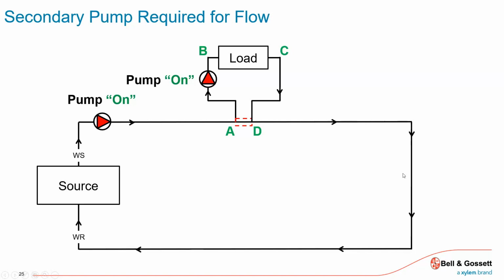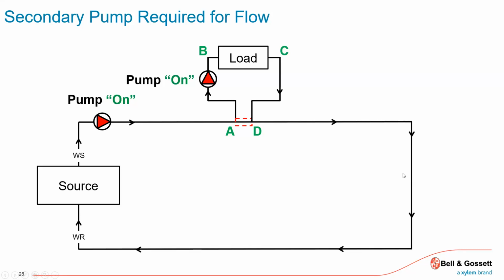Now I need a secondary pump, but I need a pump that's sized just for the flow rate and the pressure drop of this circuit right here. I don't care about the rest of the campus or the rest of the buildings. I just need a pump to handle this load.